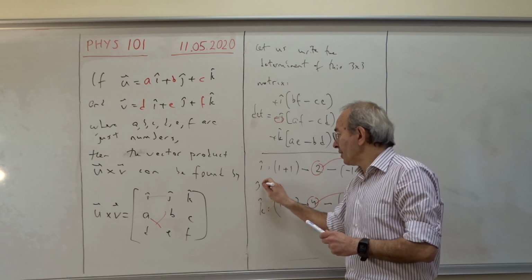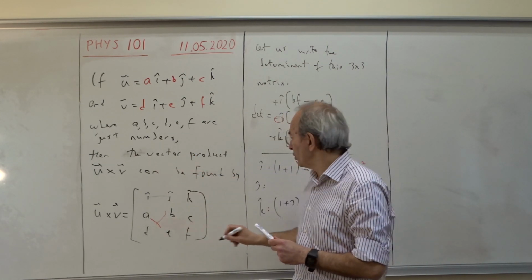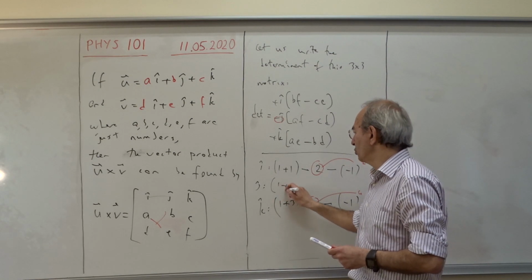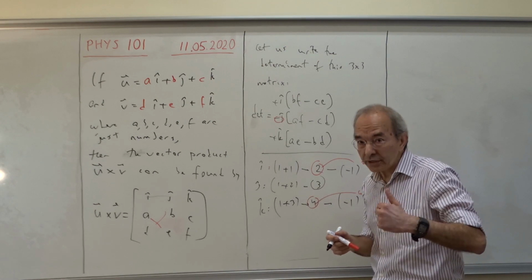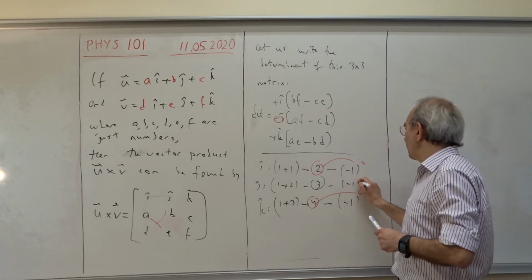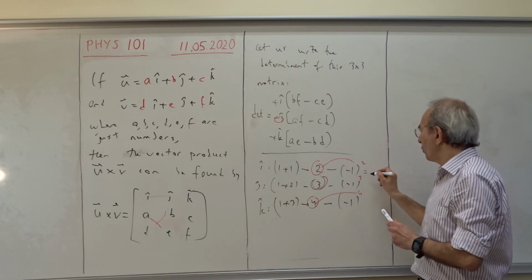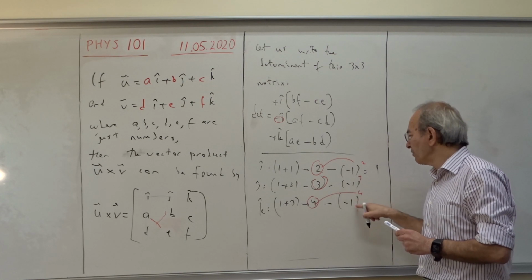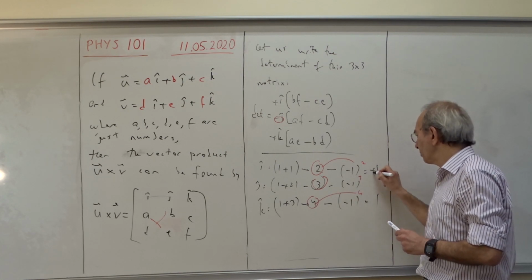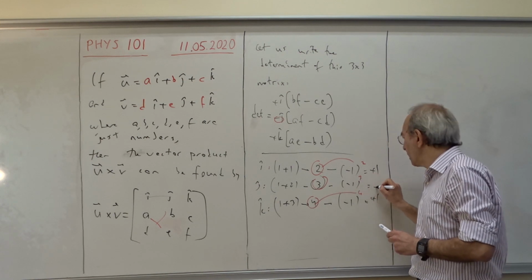But j is in the second column, first row. So it is 2 plus 1, or 1 plus 2, which means 3. 3 is an odd number, so minus 1 to the power of 3. Therefore, minus 1 to an even power is plus 1, and minus 1 to an odd power is minus 1.